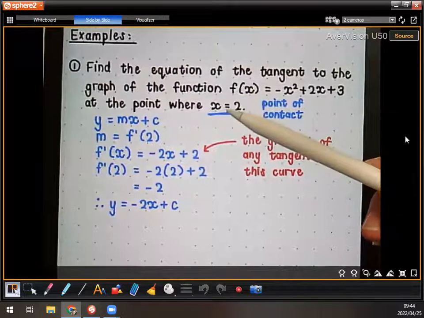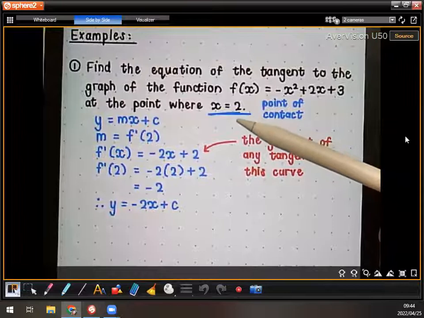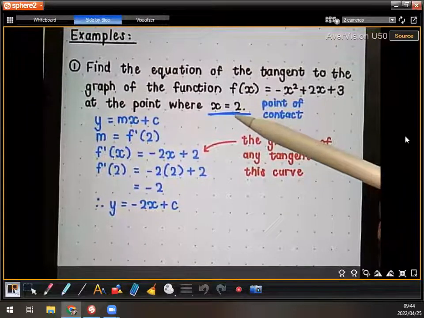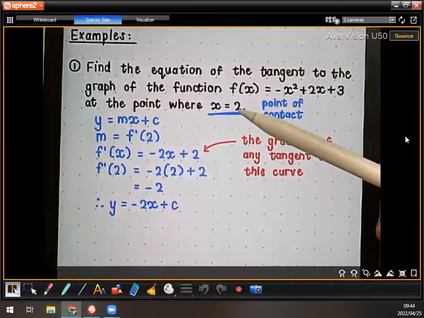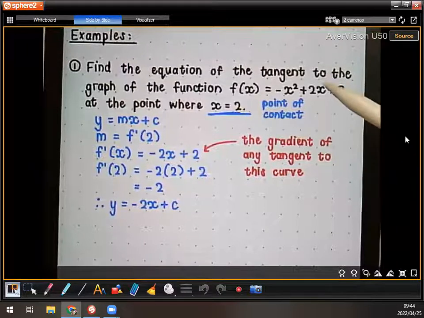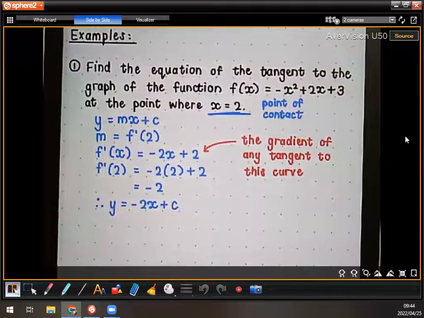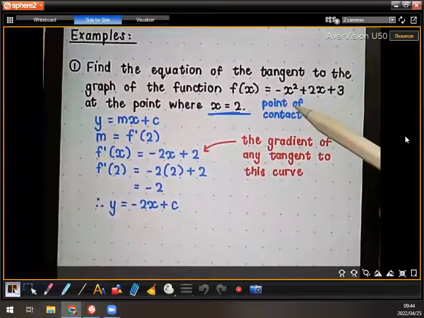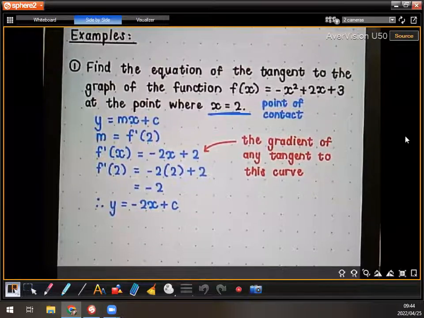Okay, this x equals 2 is a point that lies on the tangent. Do you agree with that? It's a point that's on the curve and it's on the tangent. Okay. If you just take any point on this curve, it's not going to lie on that tangent. All right. We're not finding the equation of the curve. We're finding the equation of the tangent. The only point that we have that actually lies on that tangent is the point of contact. All right. So we need to find that y value.